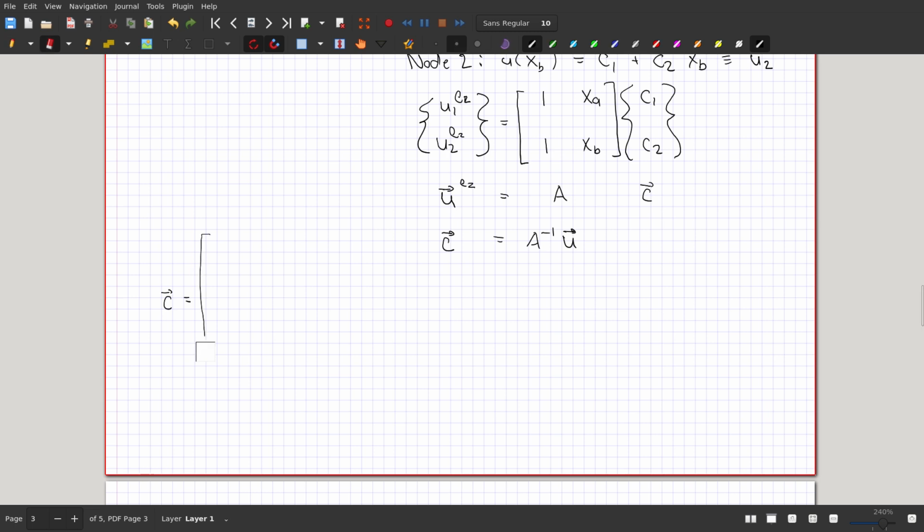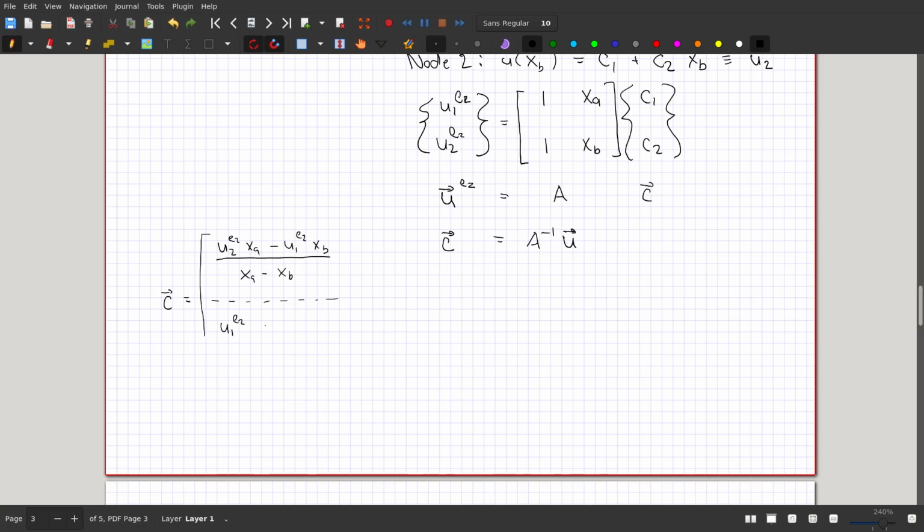We'd have a vector u2 e2 xa minus u1, so that's C1, and this is C2.